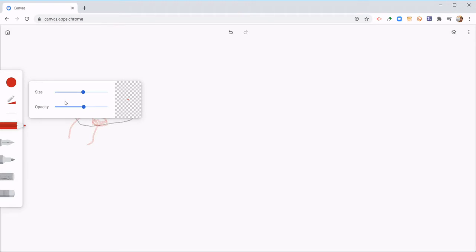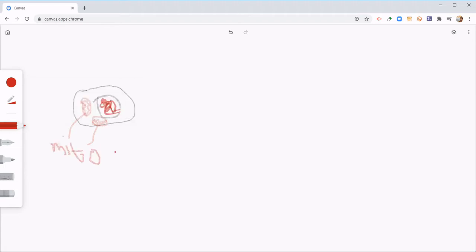Let me increase the opacity a bit. I'm writing in short, this is a mitochondria. Okay, so it's a textbook visualization, but it's not that good. I think you will adjust to this.